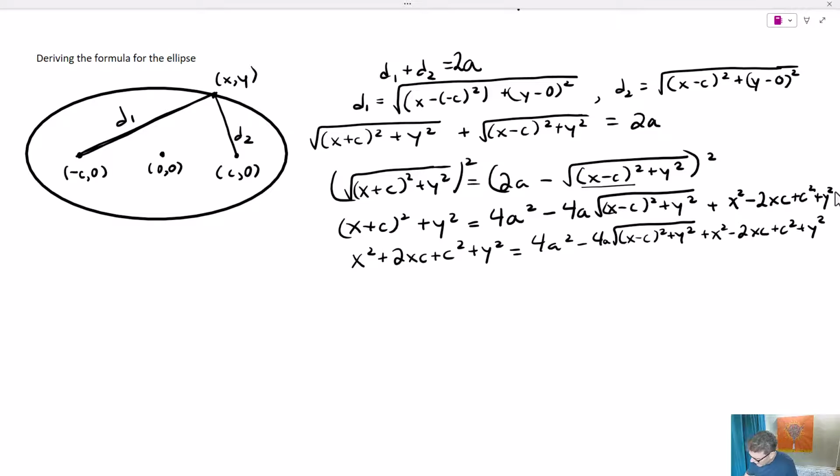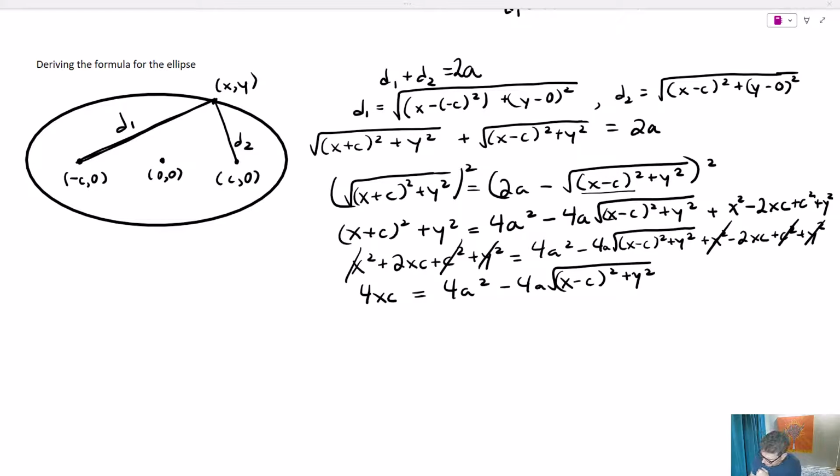So what we can see now is that we can actually take out the x squared. The y squared is going to go away as well, okay? As is the c squared. We'll pull over that 2xc, so we get 4xc equals 4a squared minus 4a times the square root of x minus c squared plus y squared.